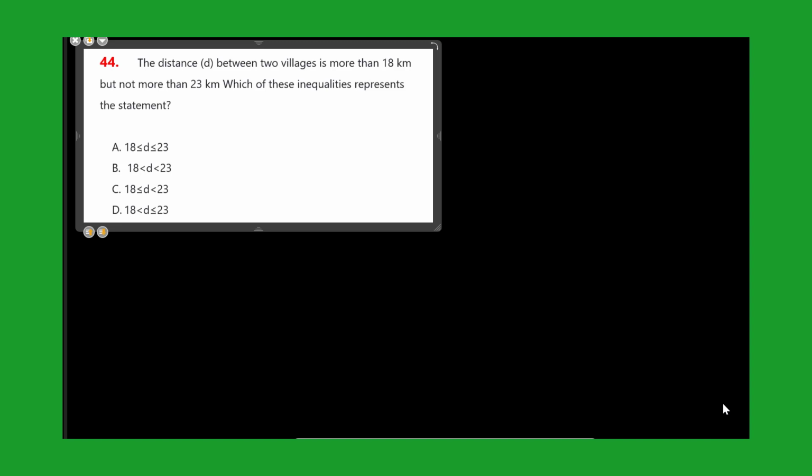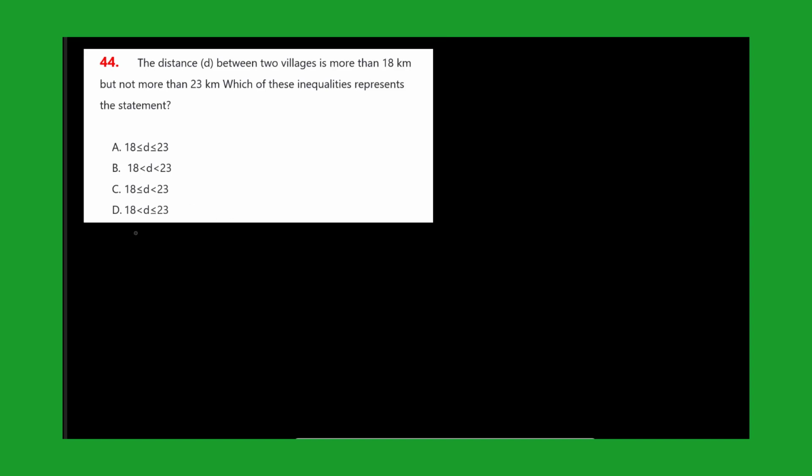So we are going to represent from the first line the distance D is more than 18 km, which means that D is greater than 18, or we can say 18 is less than D. Still the same thing.